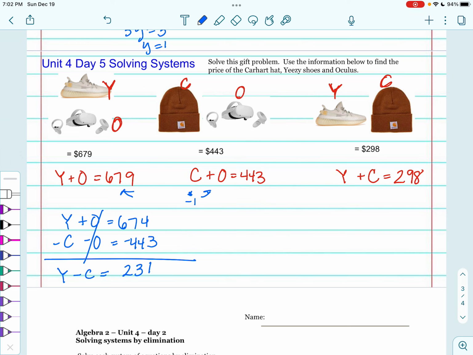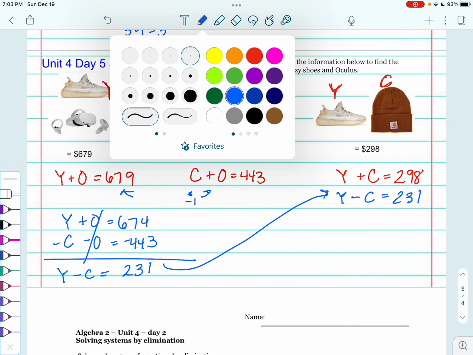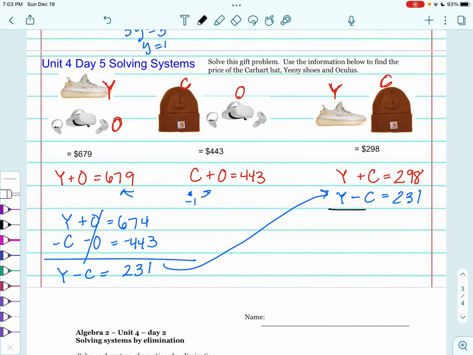Okay, and I need to do another round of elimination, and since I have minus c, I'm going to bring that up here. So y minus c is 231. All right, so I can add these together, 2y, c's eliminate equals 529.